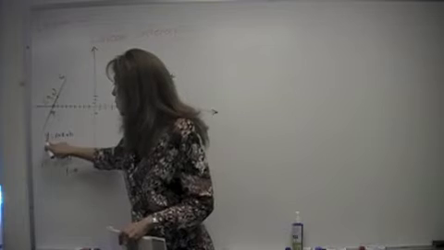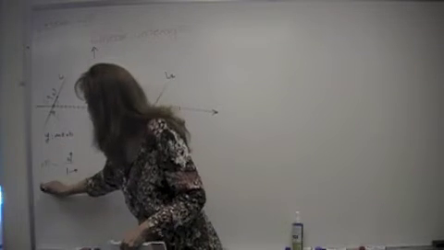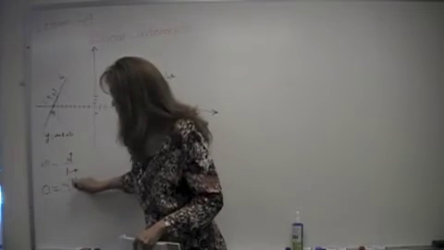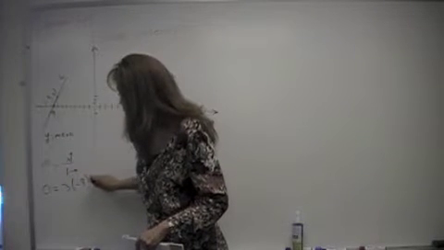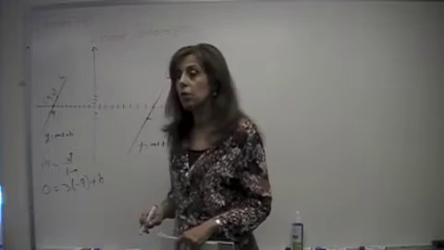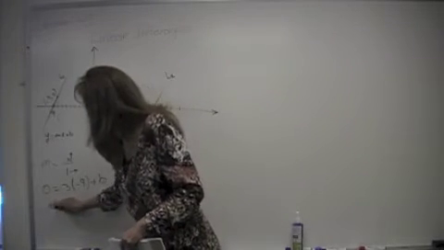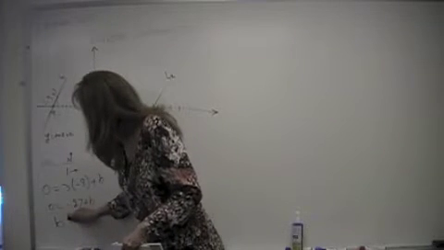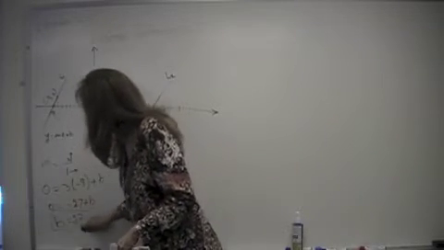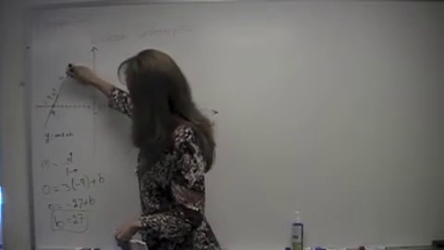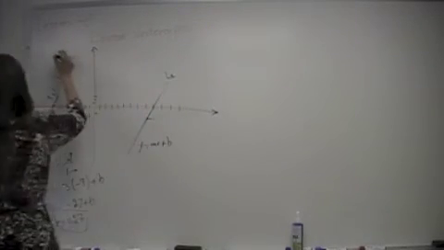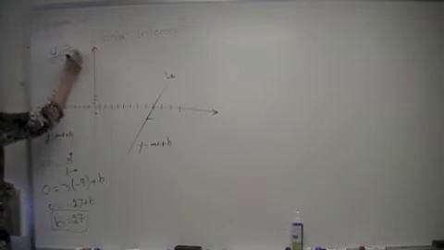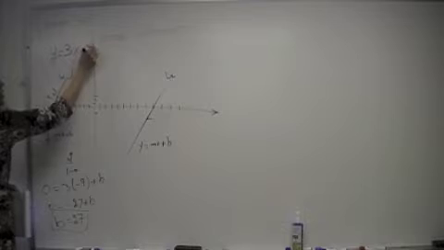In the standard form, y is 0, m is 3, x is -9, and here's b. So 0 equals -27 plus b. That means b equals 27. So the equation for this line will be y equals 3x plus 27.